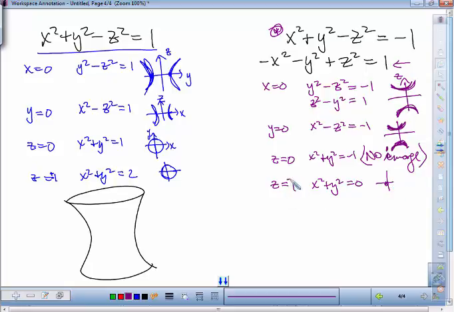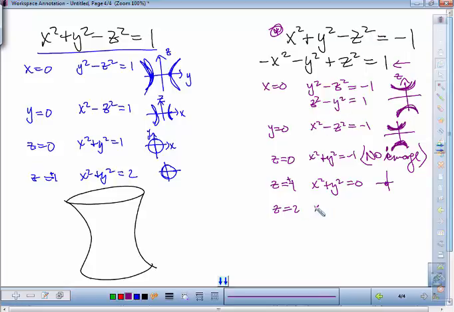When z is equal to -1, we're going to get the same thing. You see that z is squared, so it's like a mirror image. Whatever happens above the xy plane, the same thing is going to happen below the xy plane. And so z is equal to 2.